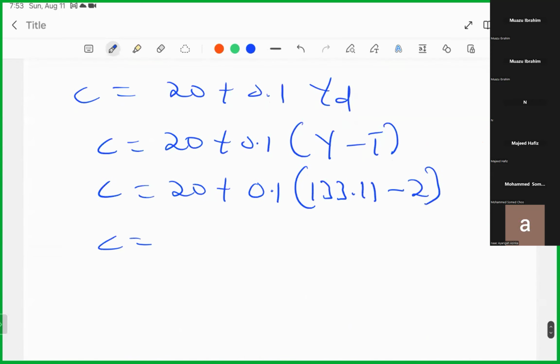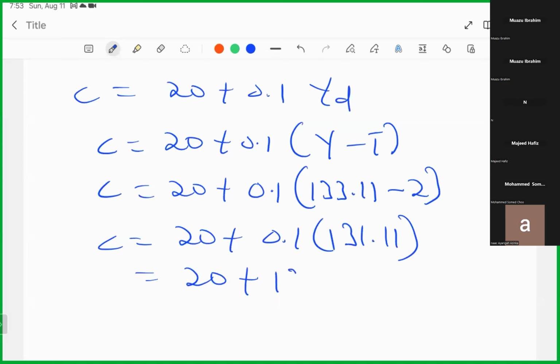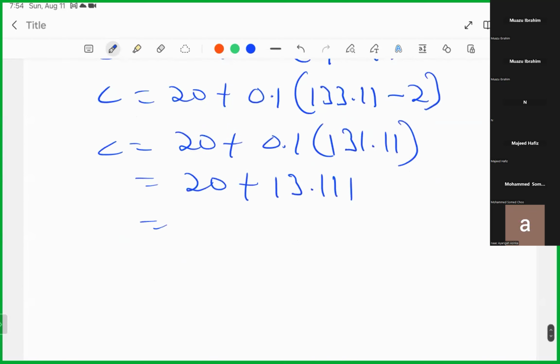So consumption will be 20 plus 0.1 times (133.11 minus 2), that is 131.11 times 0.1. So here will be 20 plus 13.111, which gives us 33.111. So this is our consumption.